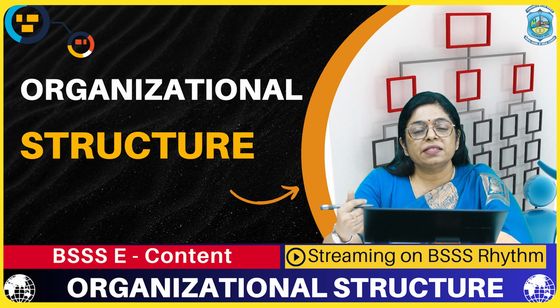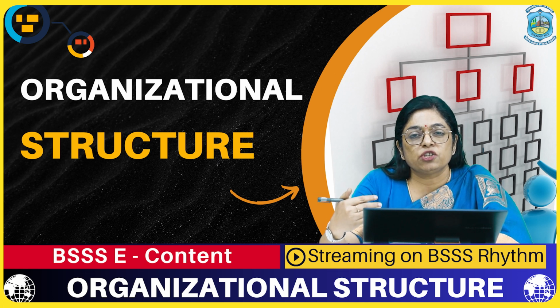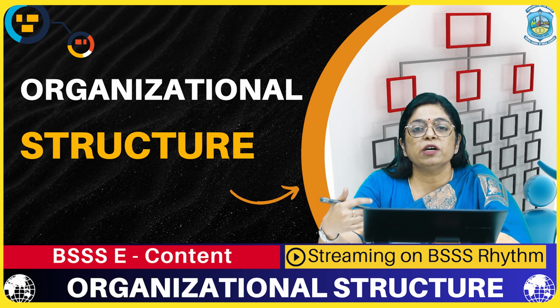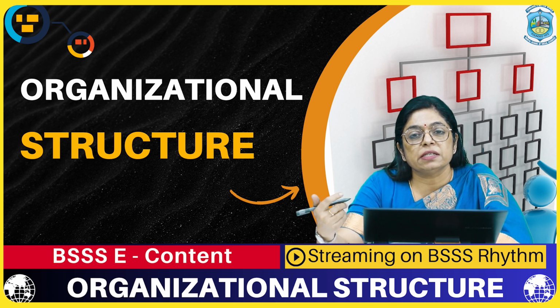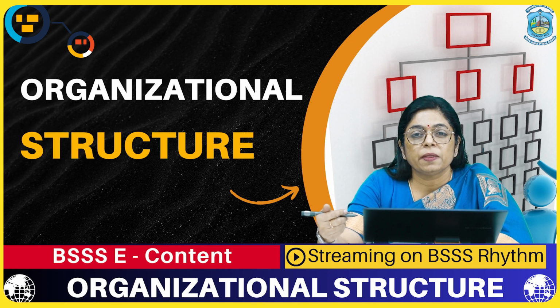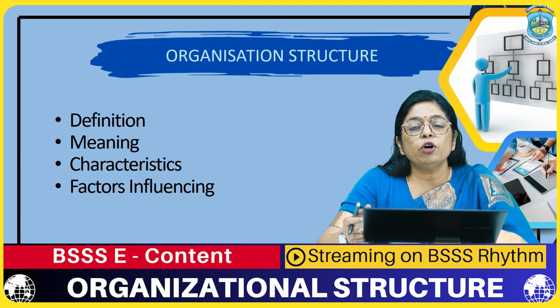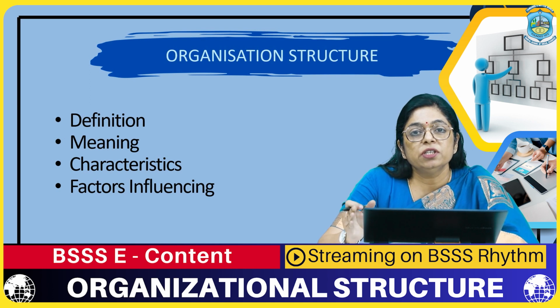Responsibilities are assigned to various sections, and accordingly the information is also passed on from one level to the other level and the lowest level, and it is ensured that whatever duty is assigned to every individual is performed in a timely manner. The topic of today's lecture is organization structure.